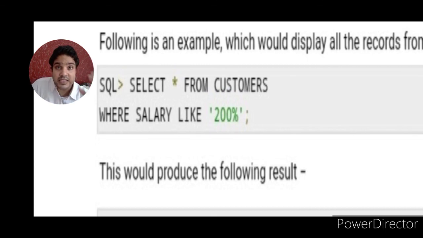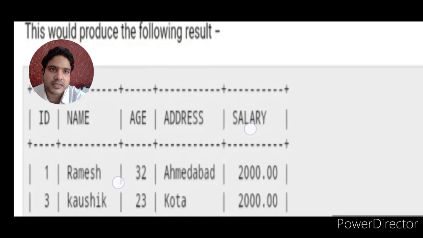Here 200 is a string. I am using quotes on both sides; the quotes on both sides represent the string. So the salaries which start from 200 will be received by the user.